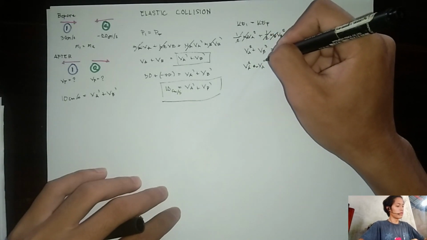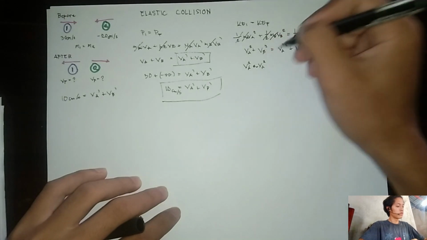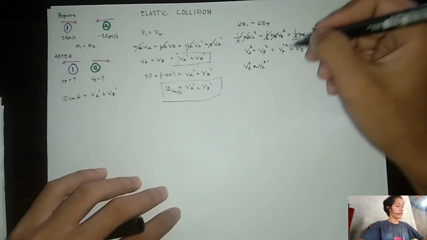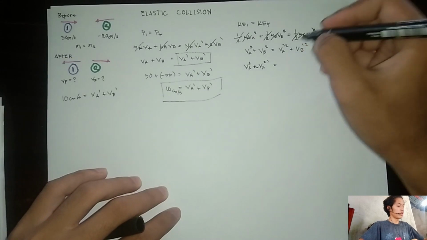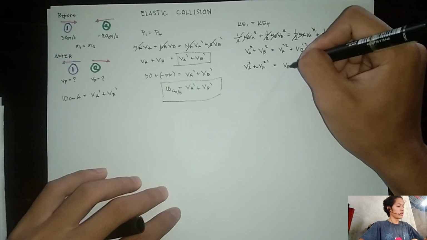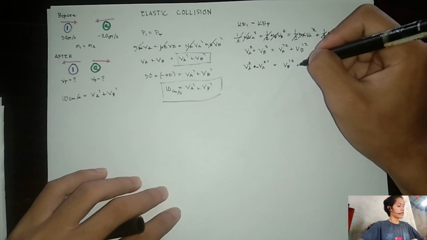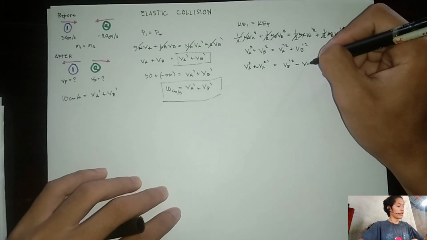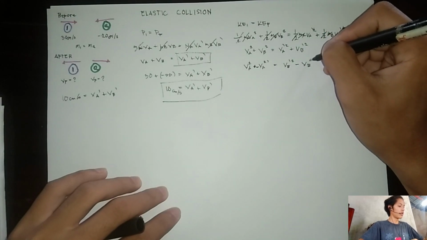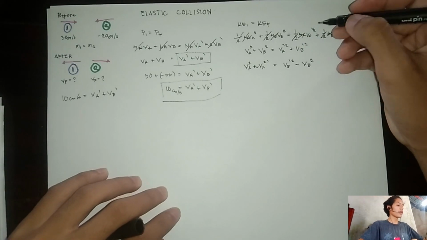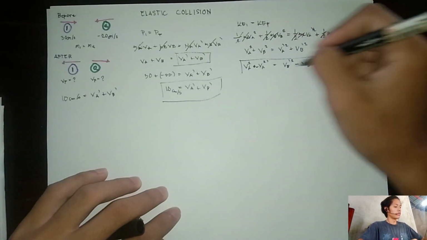Velocity A initial square minus velocity A final square is equal to the velocity B final square minus initial velocity B square.